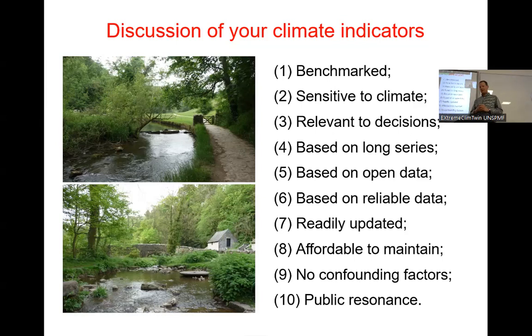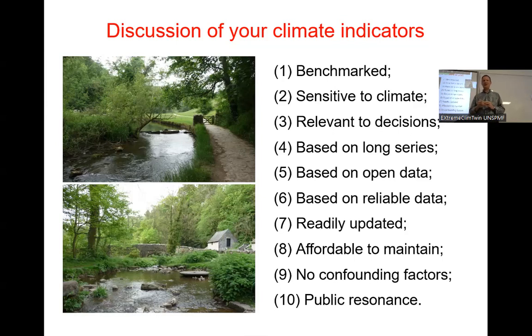Long series, maybe that's what's missing, because if the hospitals keep track, there will be maybe 10 years of data or so. But it probably scores on sensitive to climate and relevant to decisions. And maybe benchmark, it is really important to have that.